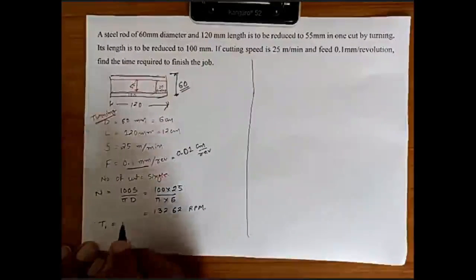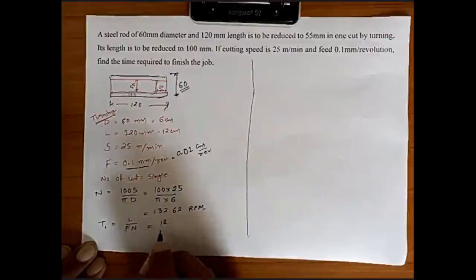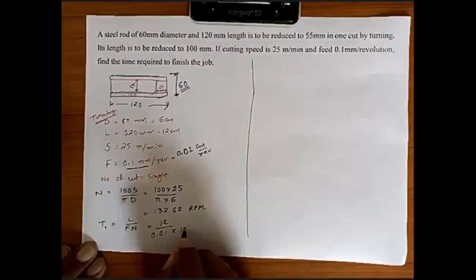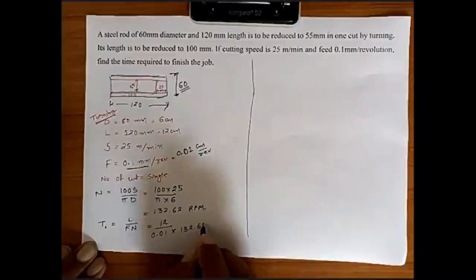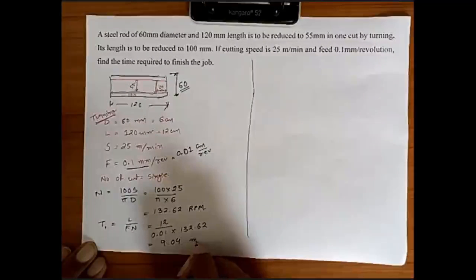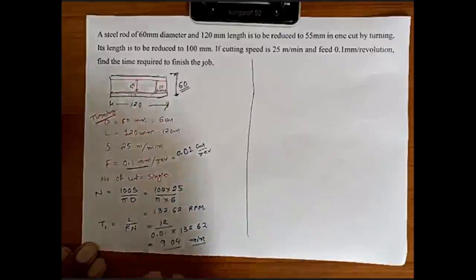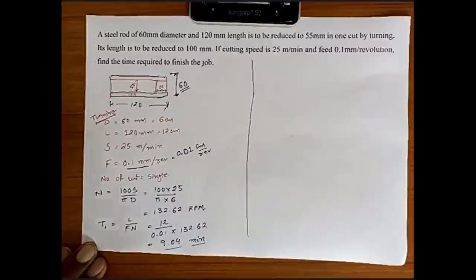So time T is equal to L upon Fn. L is equal to 12 centimeter, feed 0.01 and the RPM 132.62, 9.04 minute. Okay, so here we complete the turning operation.